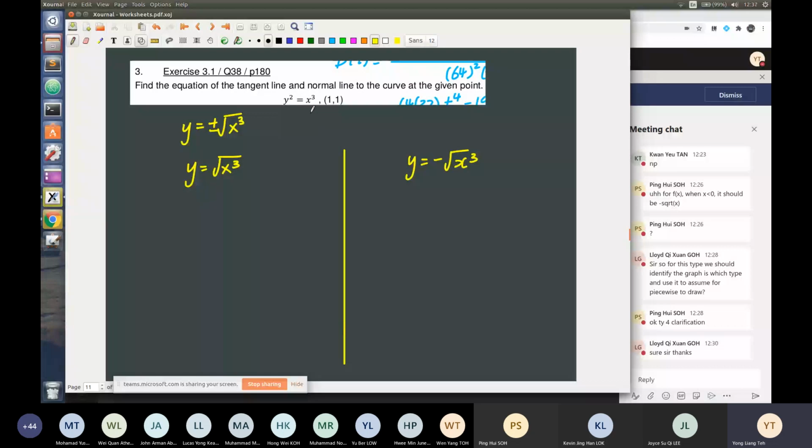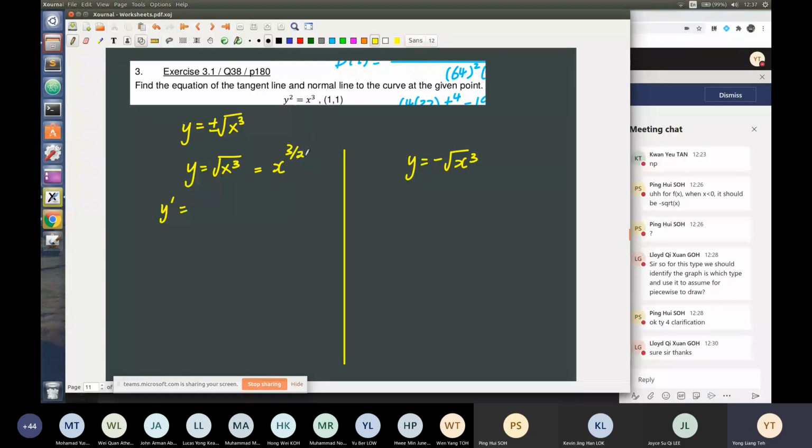So naturally, we need the gradient, because the tangent line and normal line can be given by the point slope form of your equation. So hence, we have y prime. Okay, so y prime of x is equivalent to, so this is square root of x cubed. For the square root of x cubed, we can rewrite this as x to the power of 3 over 2, because it's x cubed, then to the power of half.